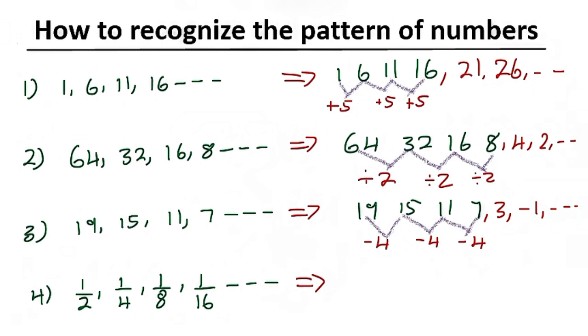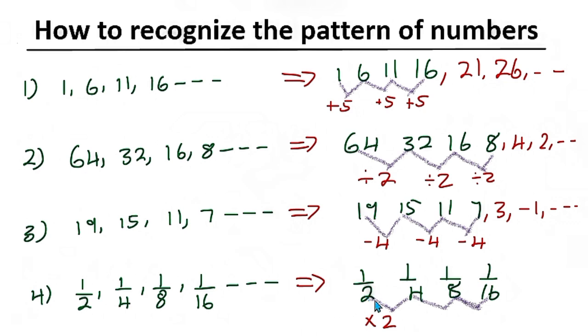Okay, so let's also look at this particular one. This is 1 over 2, 1 over 4, 1 over 8, and this is 1 over 16. Now if you look at this sequence, we can see that the numerators are the same, but there is a difference in the denominators, so we have to pay attention to the denominators. What you notice here is that each term is being multiplied by 2.